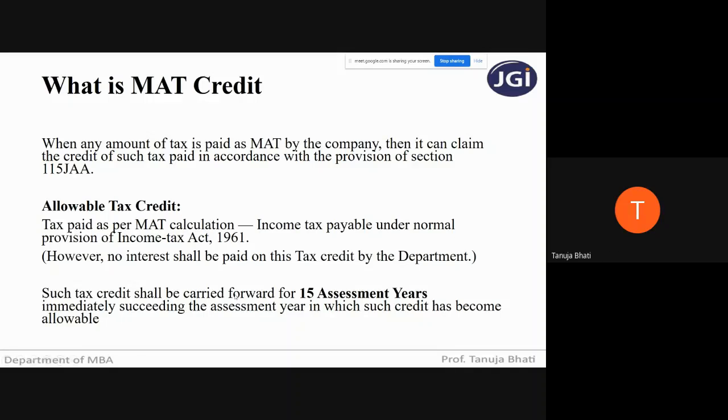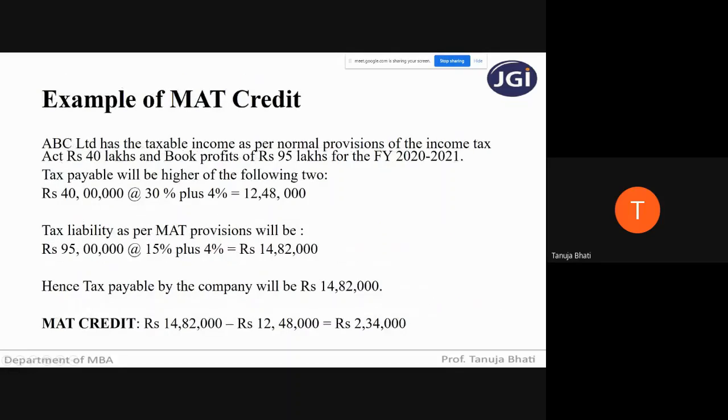To make it much clearer, we will see an example. Pay attention here, students. ABC Limited has a taxable income as per the normal provisions of income tax of 40 lakhs. We know that as per normal provisions we calculate taxable income. How do we calculate it? We have already studied it.